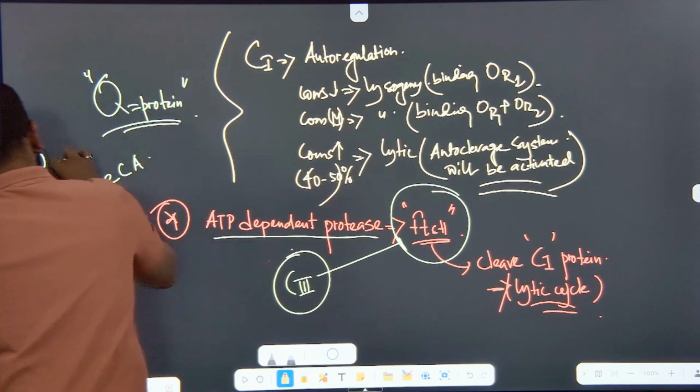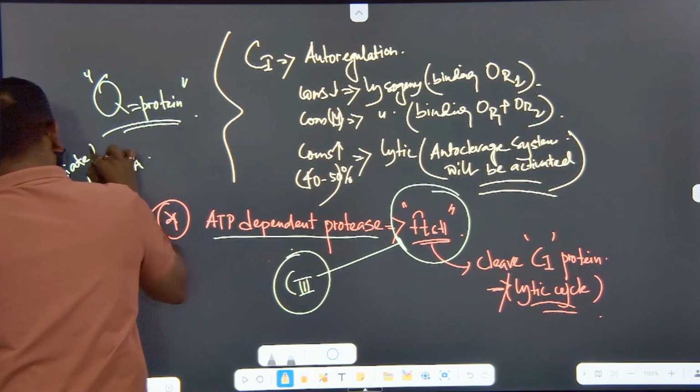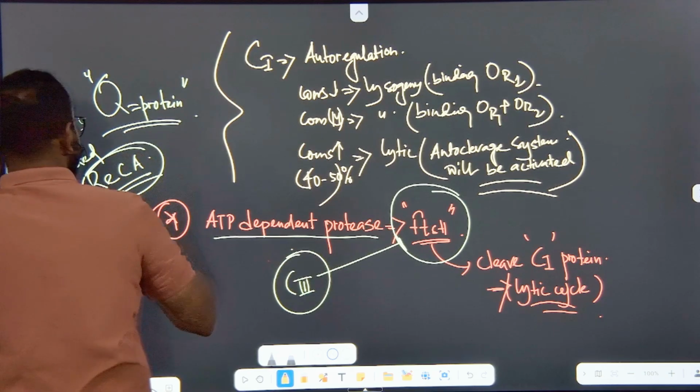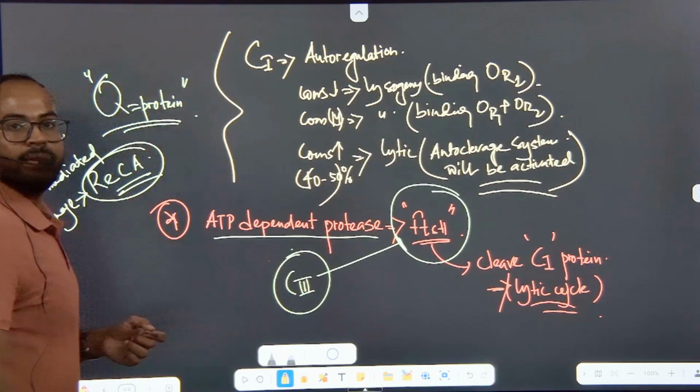So in response to UV mediated damage, the first protein that is synthesized is RecA.